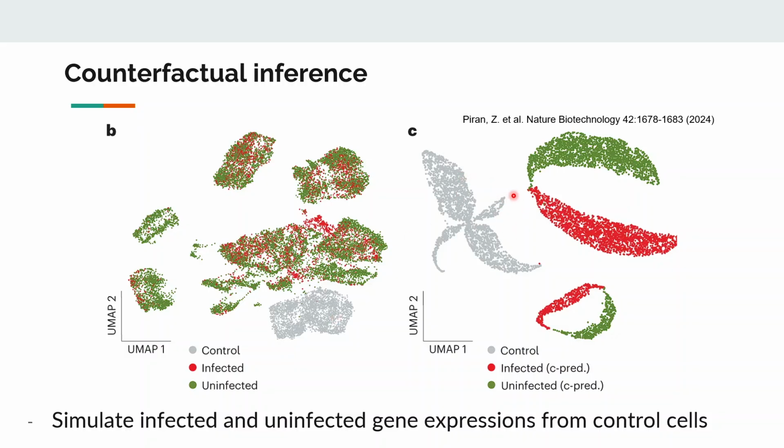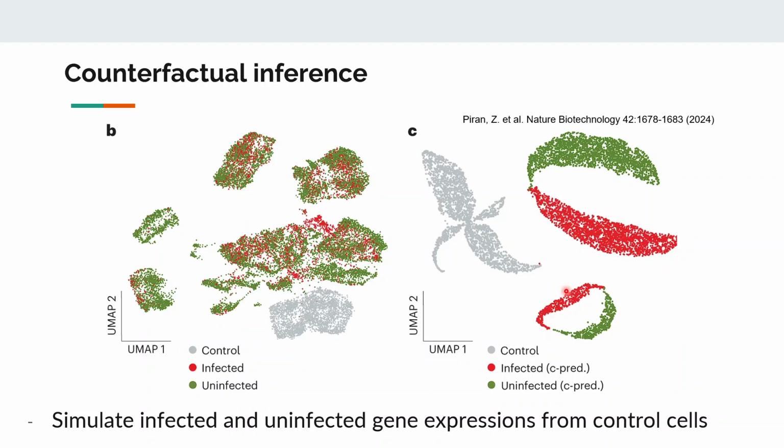When they tried to predict how these cells would look when treated, they also found that there are indeed two populations. The cells that are infected respond in two ways, and the cells treated with empty vector also respond in two ways. So this might be one cell type, and this is the difference between no virus and with virus, and this is a different cell type inside the control.